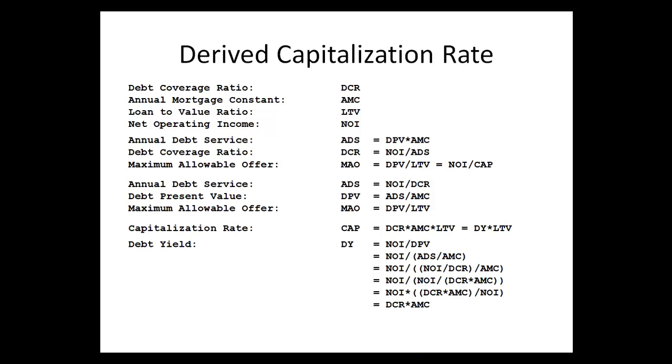We then replace the divisors with the product of DCR and AMC, and then invert the divisor so that NOI times the quantity DCR times AMC divided by net operating income is equal to the debt yield. The NOI is on the top and bottom of the division, therefore they cancel out, and debt yield is DCR times AMC.